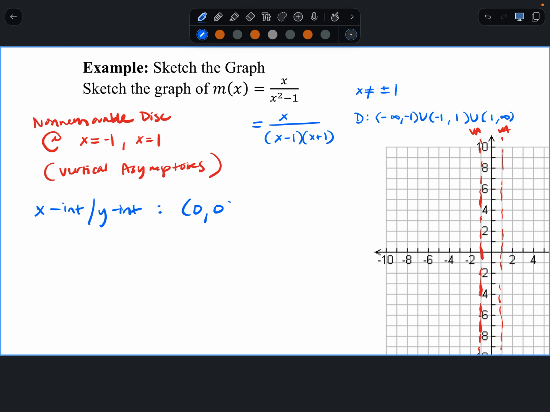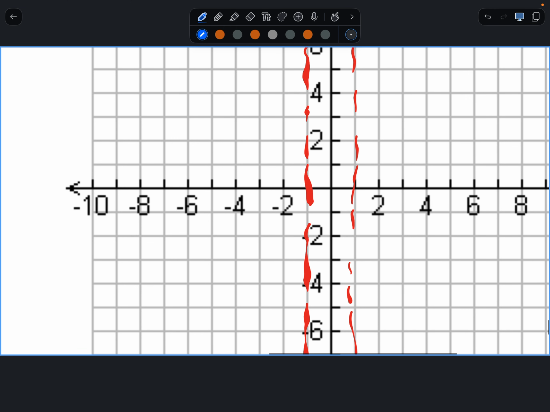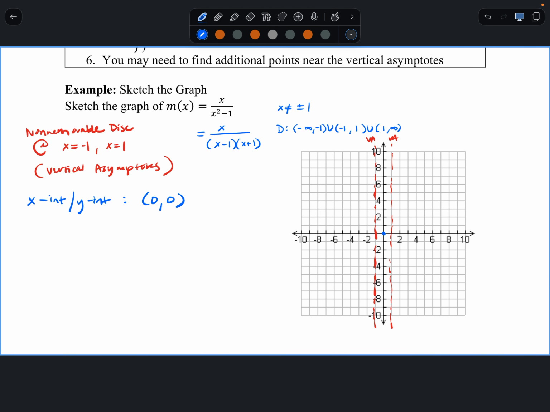So that's going to be a positive over a negative, which means m of x would be approaching negative infinity as x approaches 1 from the left. So the graph is going to be trending down towards negative infinity as x approaches the vertical asymptote.